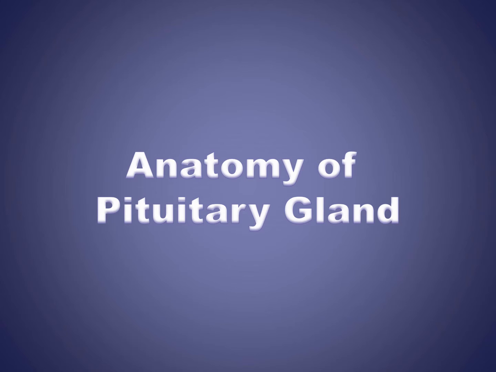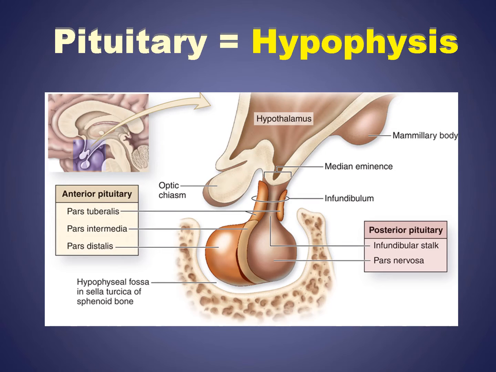Anatomy of the pituitary gland. The pituitary gland has another name, which is hypophysis. Why this term? Because the pituitary gland is located below the brain. It is the lowermost structure of the brain.